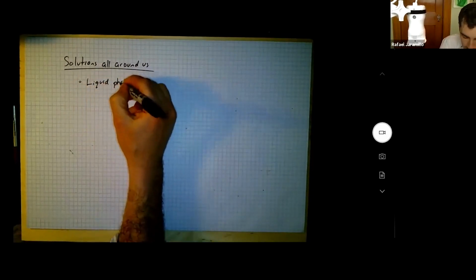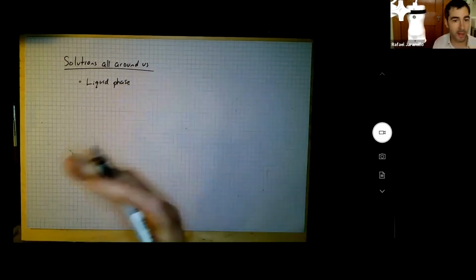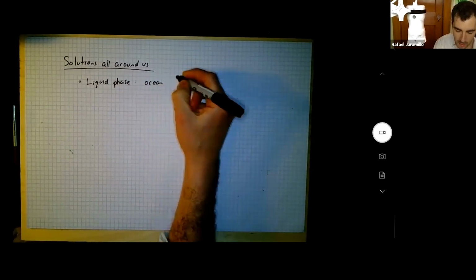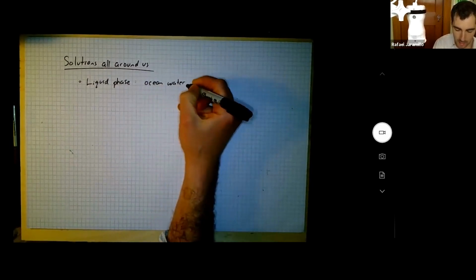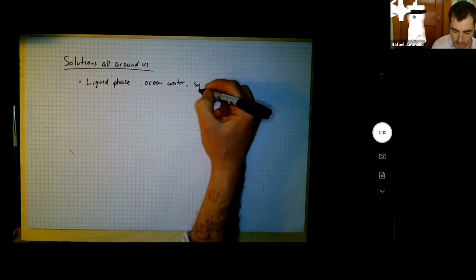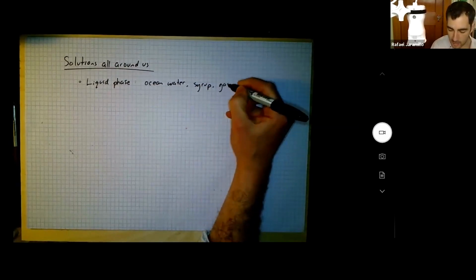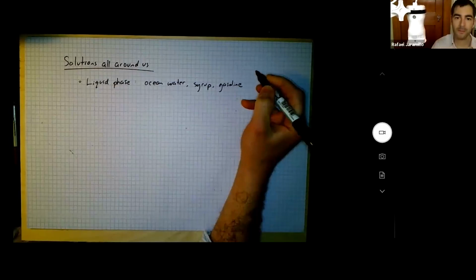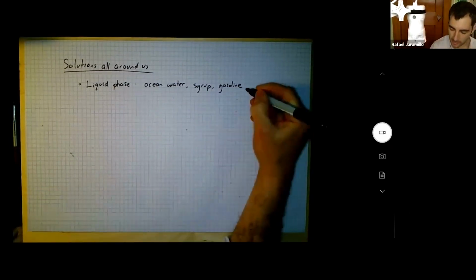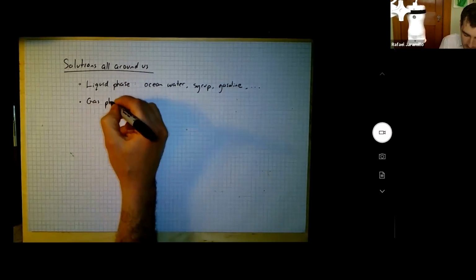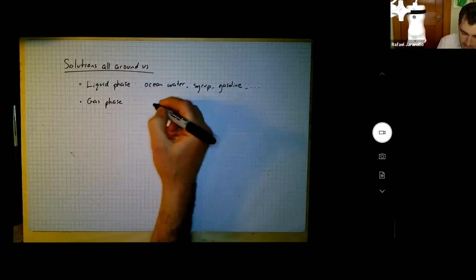And when people colloquially say solutions, normally they mean a liquid phase. So ocean water, syrup, right? Gasoline, etc. All right. Gas phase, of course. Air is a solution.